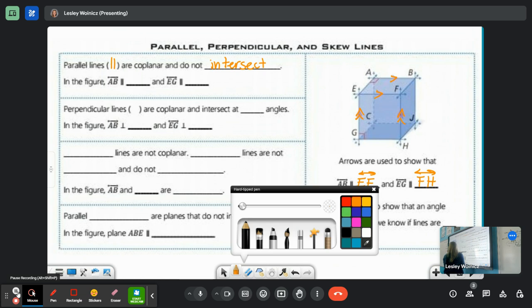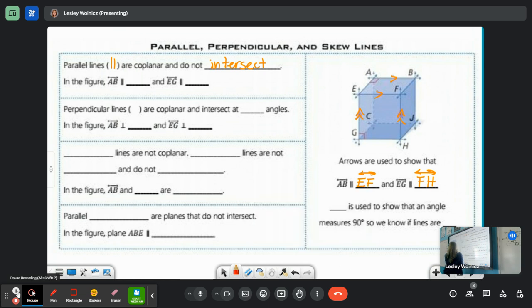Okay, what does this symbol mean? Yeah, so if I have an intersection and it's marked with a little box like that, it's used to show that an angle measures 90 degrees, which is a right angle. And then we know that the lines are perpendicular.